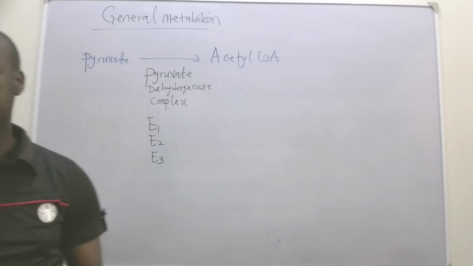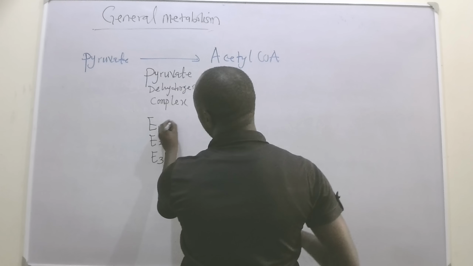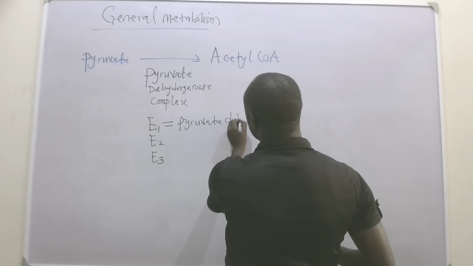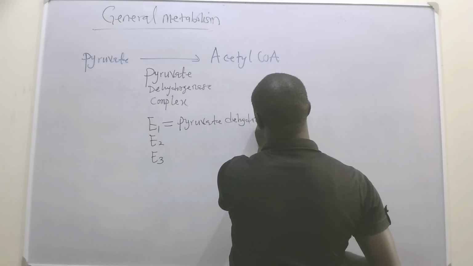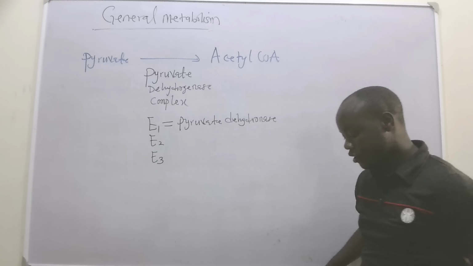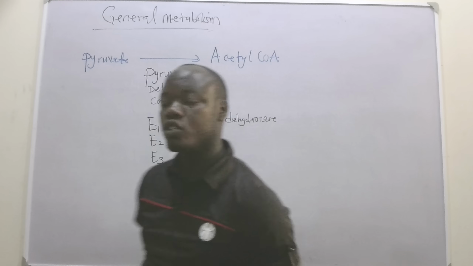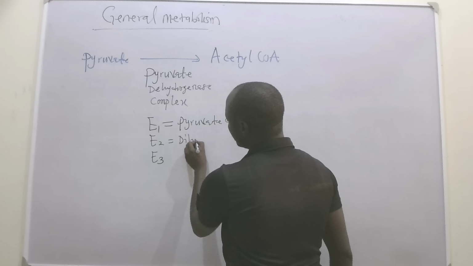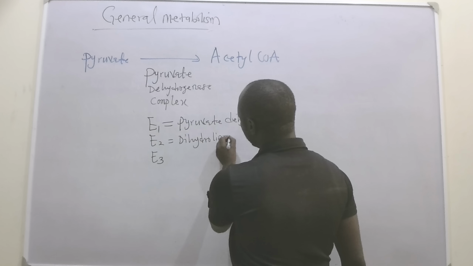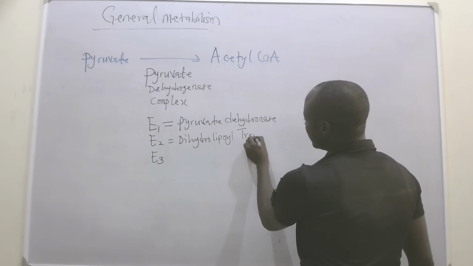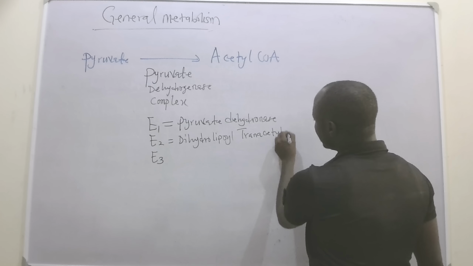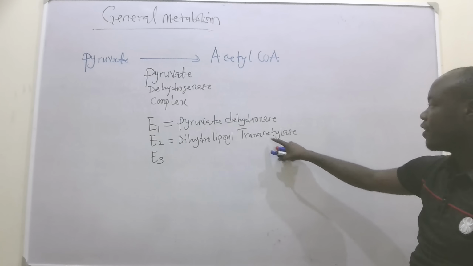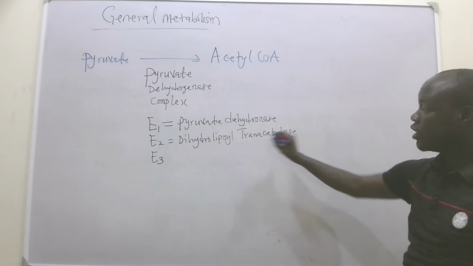The E1, which is the first enzyme, is pyruvate dehydrogenase. The E2 is dihydrolipoyl transacetylase, which is the second enzyme.